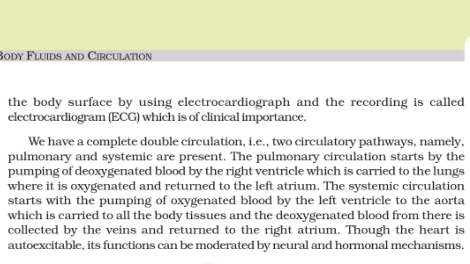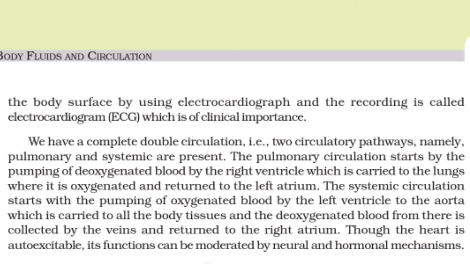We have a complete double circulation, that is two circulatory pathways, namely pulmonary and systemic, are present. The pulmonary circulation starts by the pumping of deoxygenated blood by the right ventricle, which is carried to the lungs where it is oxygenated and returned to the left atrium.